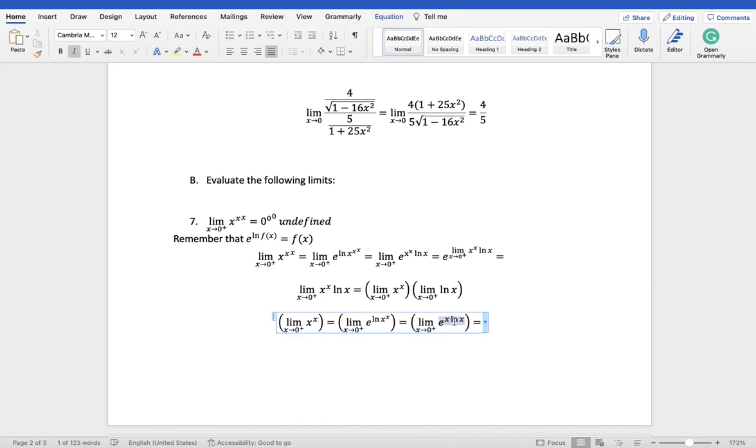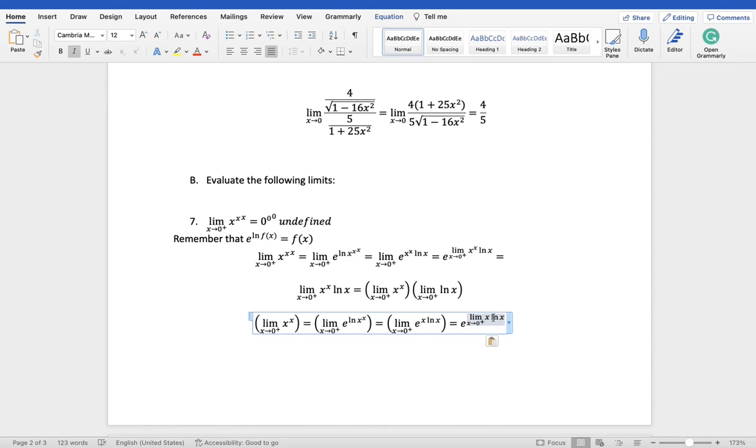Now you're trying to find the limit as x tends to 0 from the positive side of x ln x, which, if you substitute the value of x, you'll find is 0 times the ln of 0 from the positive side. And the ln of 0 from the positive side is minus infinity, right?